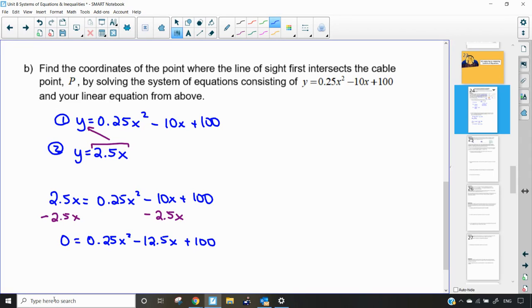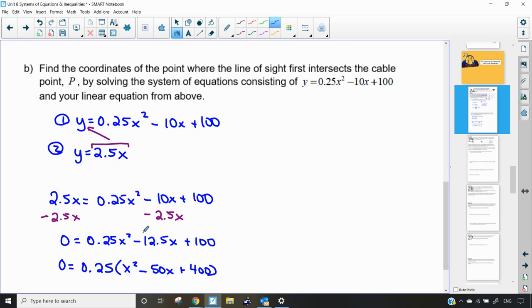Now the next thing I want to do is factor. And looking at my leading coefficient here, I have a decimal, 0.25. And so whenever we have fractions, the first thing we want to do is pull that out. So we're going to divide all of our terms by 0.25 by pulling out that GCF. So that's going to give me 0.25 times x squared minus 50x plus 400.